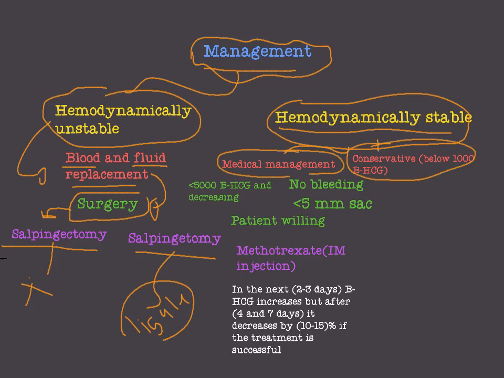The conditions in which we do medical management are: below 5,000 beta HCG level, no active bleeding, and under 5 millimeter gestational sac. And the patient must be willing. The patient should be counseled and asked if she wants to have medical management.